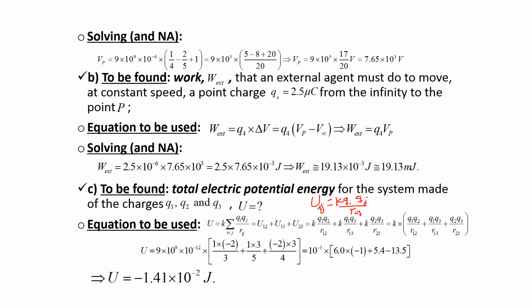And here you have the electric potential energy between charge 1 and charge 2, plus between charge 1 and charge 3, and between charge 2 and 3, which is equal to K Q1 Q2 over r12 plus K Q1 Q3 over r13 plus K Q2 Q3 over r23, which is equal to minus 1.41 times 10 to the power minus 2 joules.